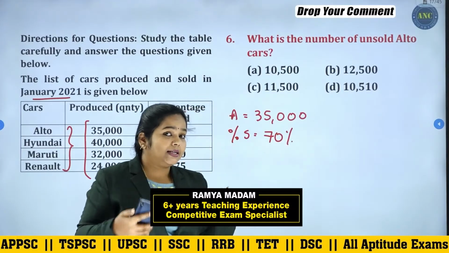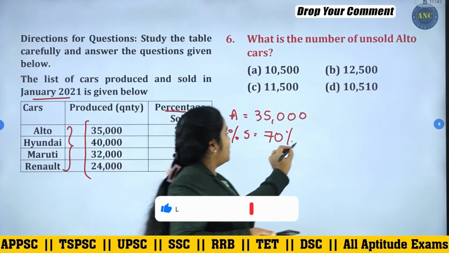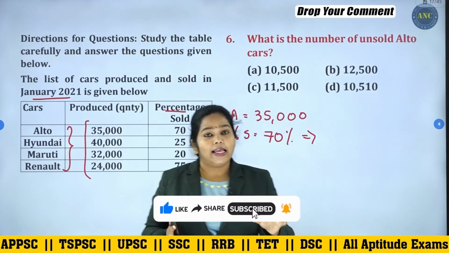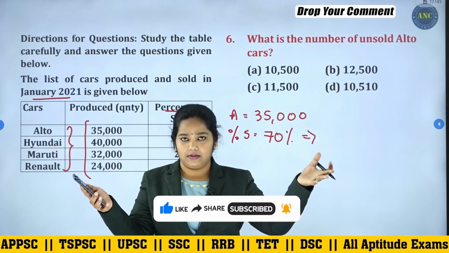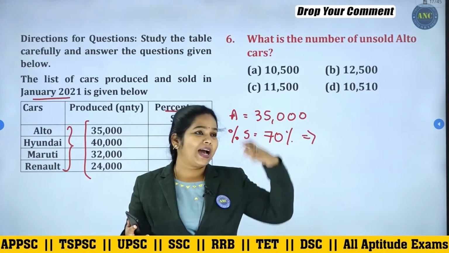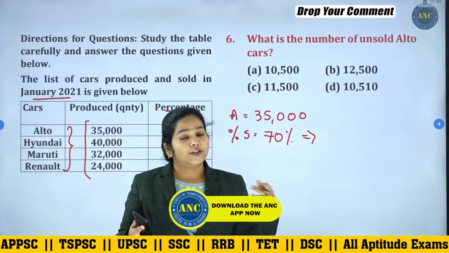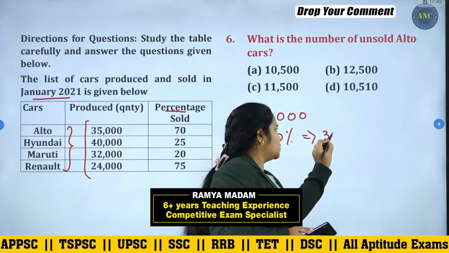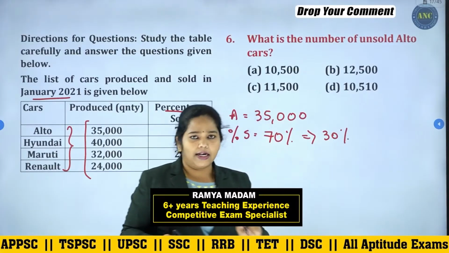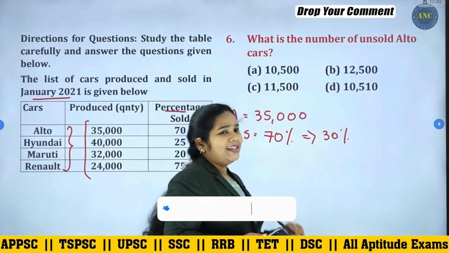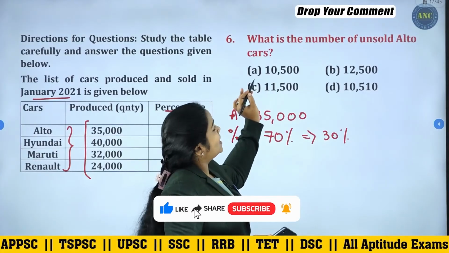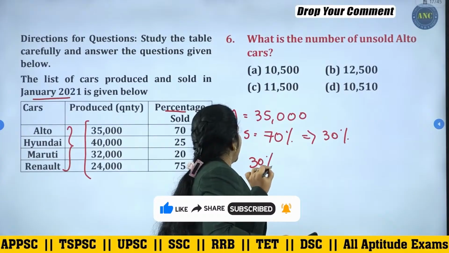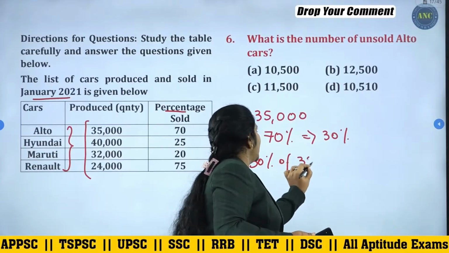If 70% are sold, what is the remaining percent which are not sold? We will assume that this number is 100%, the maximum percentage. So if 70% is sold, 30% is not sold. That's all. They are asking the number of cars unsold. That means 30% of 35,000 will be our answer.